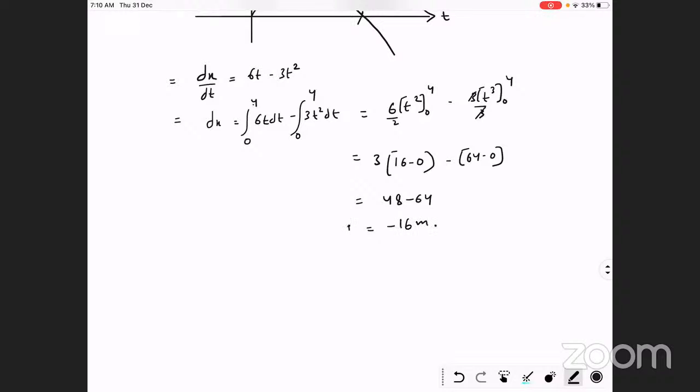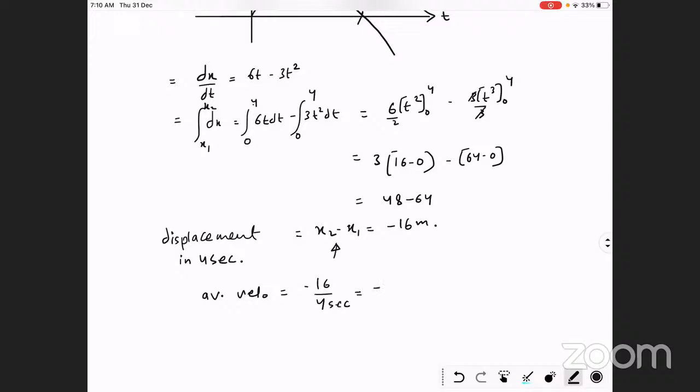So at 4 second, x2 minus x1 is displacement. It means this gives you displacement, change in position. Do you agree? Displacement in 4 seconds. So average velocity must be minus 16 by 4 second. So you got minus 4 meter per second.